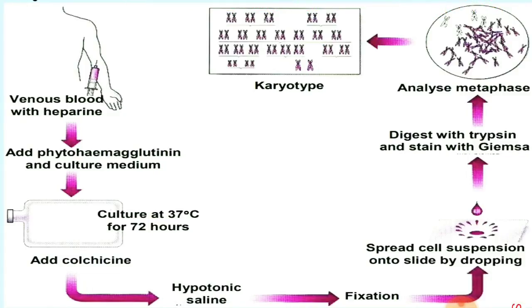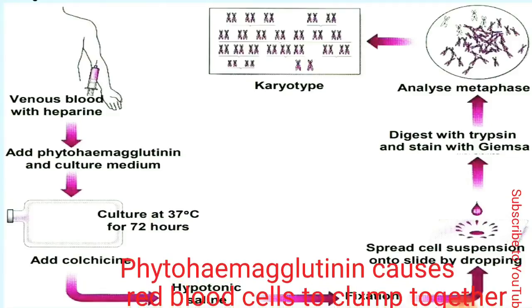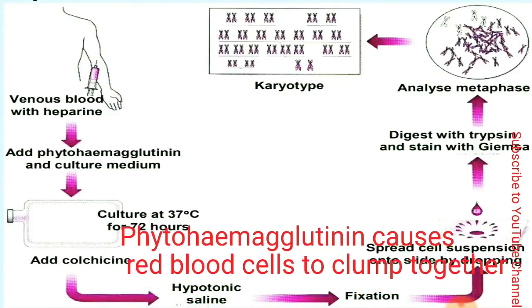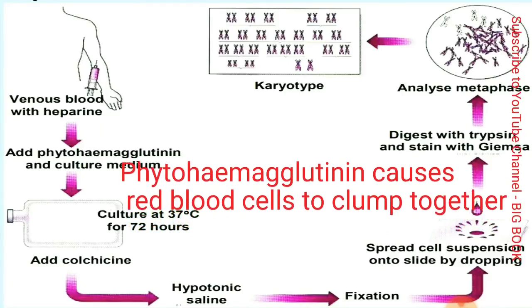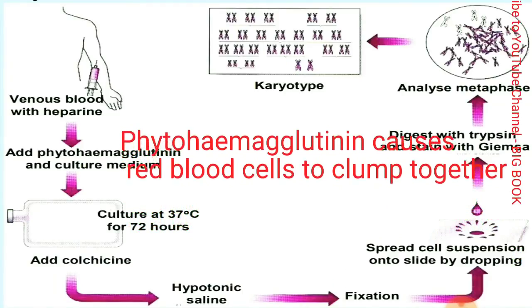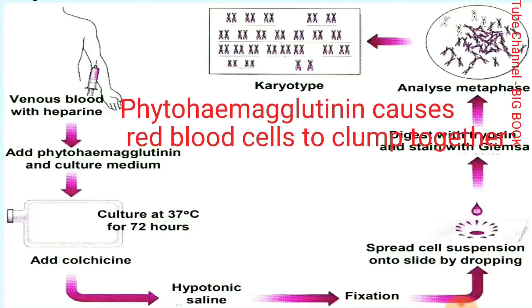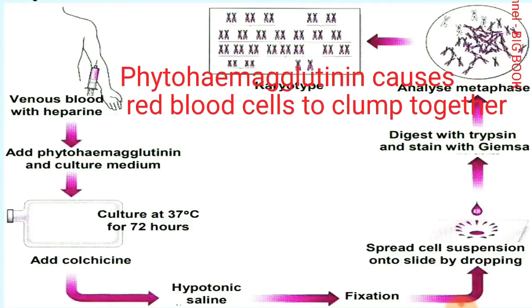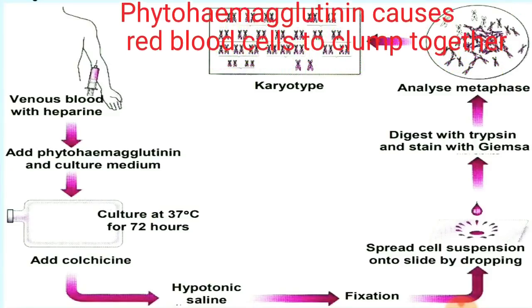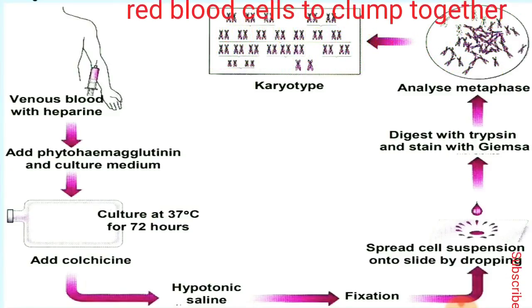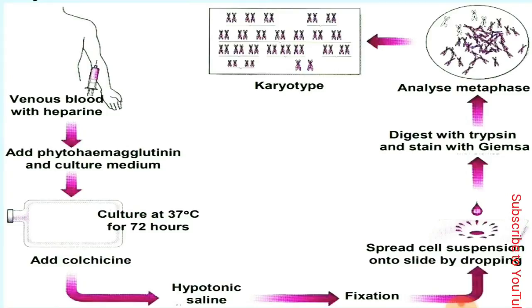Heparin is the anticoagulant, but phytohemagglutinin is going to cause clumping of the blood together. It is not going to form different clumps, but a single clump. Because of this significance, it is used in the culturing of blood cells, that is the lymphocytes, in a culturing medium.